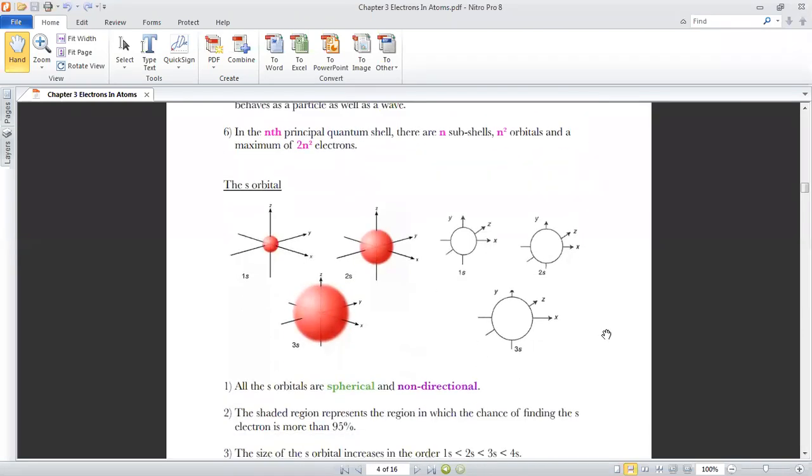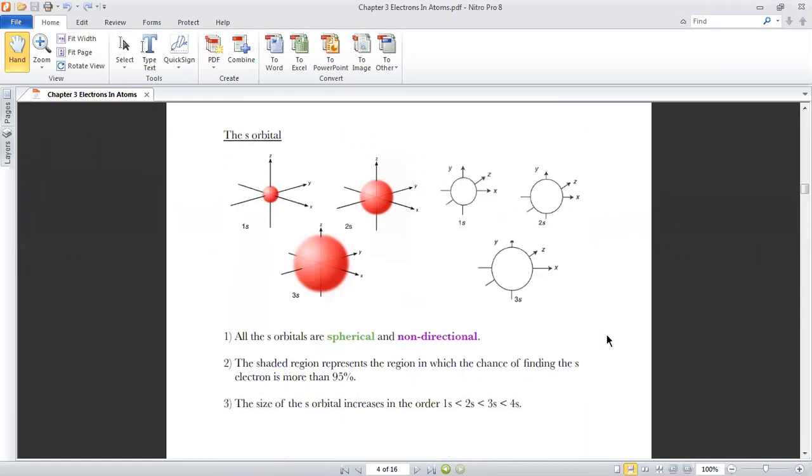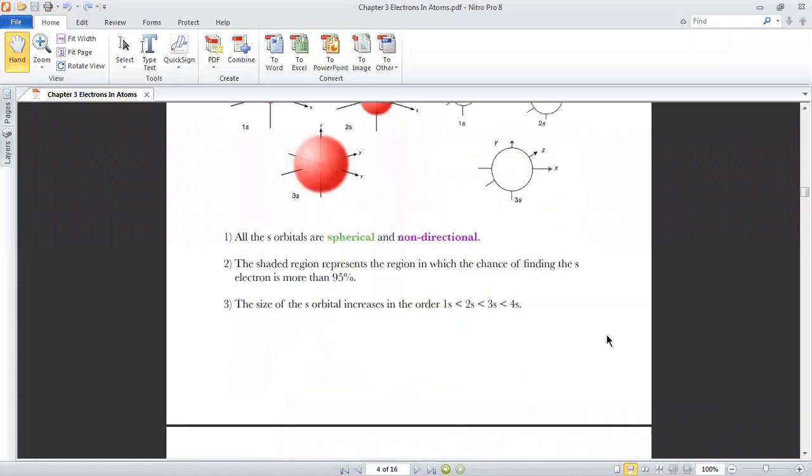It has only one orbital and only one orientation in space, because the electron cloud is well distributed in all three directions. It is non-directional, which means you cannot draw it separately on the x-axis, y-axis, and z-axis. You can just draw a sphere, and that will occupy all the dimensions equally.